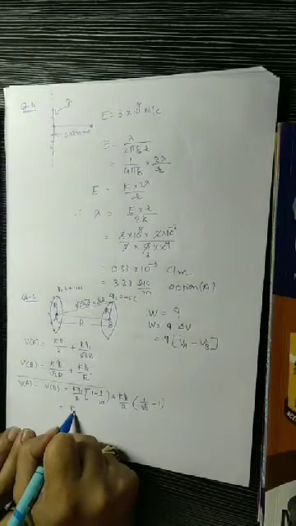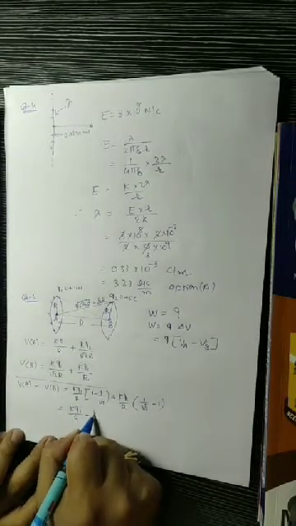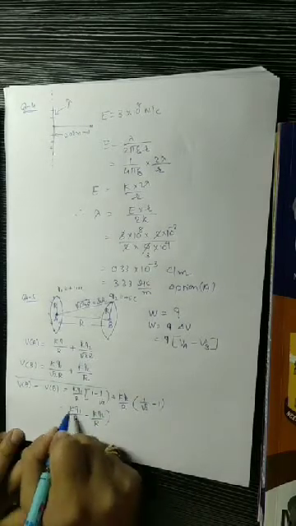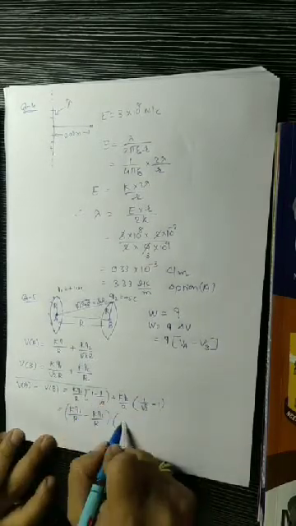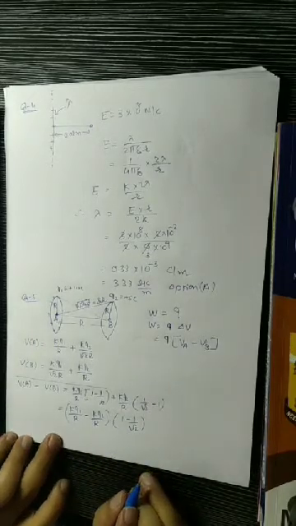So this will be K Q1 upon R minus K Q2 upon R. Taking common 1 minus 1 upon root 2, this is VA minus VB.